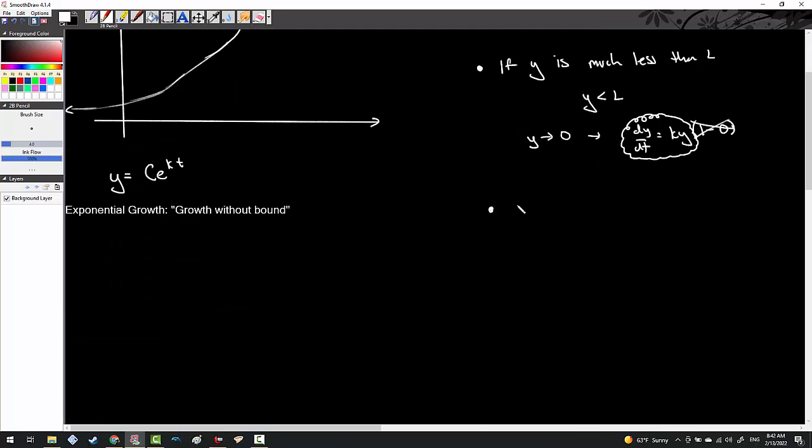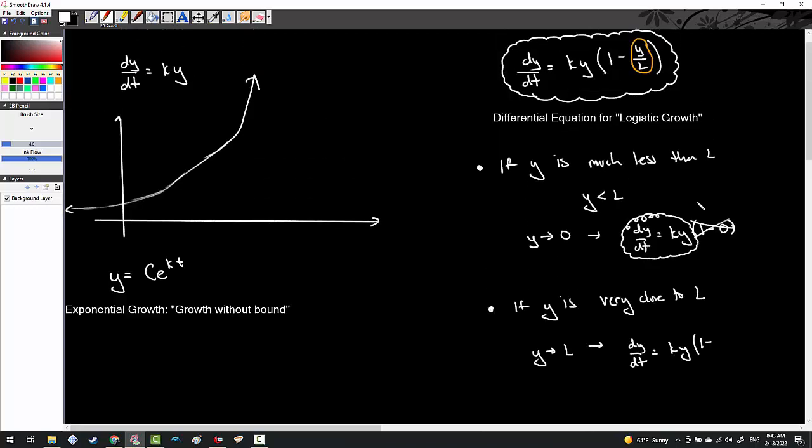But let's take the other condition. If y is very close to L, in other words, if y approaches L, what does that do to the equation? What we have is dy over dt equals ky times 1 minus, now if y was approaching L, you would essentially have L over L, right?